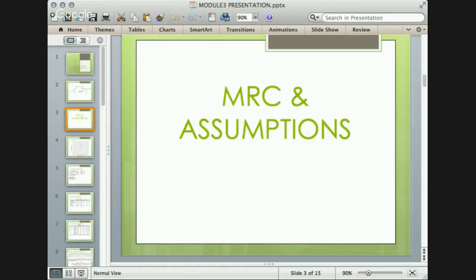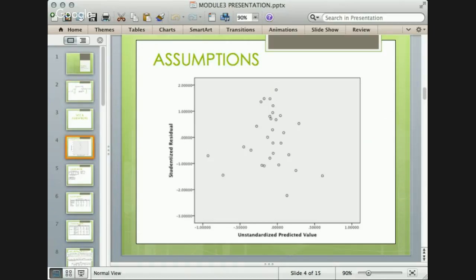Now we go on to MRC and its assumptions. The first one is a linear relationship between the predictor x variables and the dependent y variable, so a rectilinear relationship between x and y. Here we have standardized residuals versus unstandardized predicted values. Standardized are in t-values, while unstandardized are line-of-best-fit values, not observed y-values.